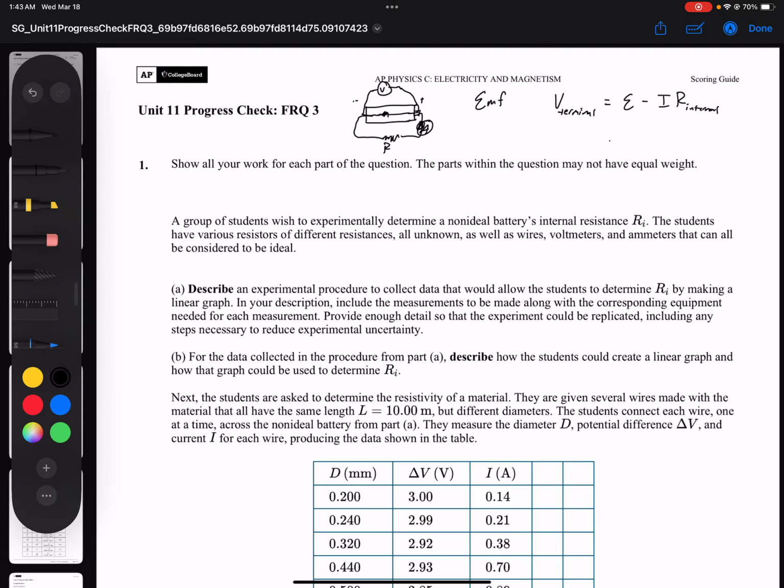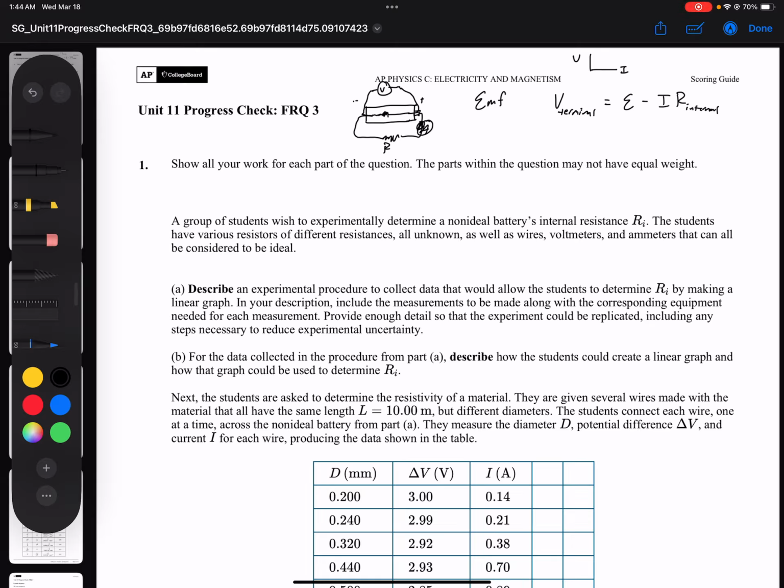So here my dependent variable is going to be my voltage. I'm going to graph that on the vertical axis, and my independent variable is going to be the current that's going through the load, right? So when you hook the battery up to a resistor, that's going to be our independent variable.